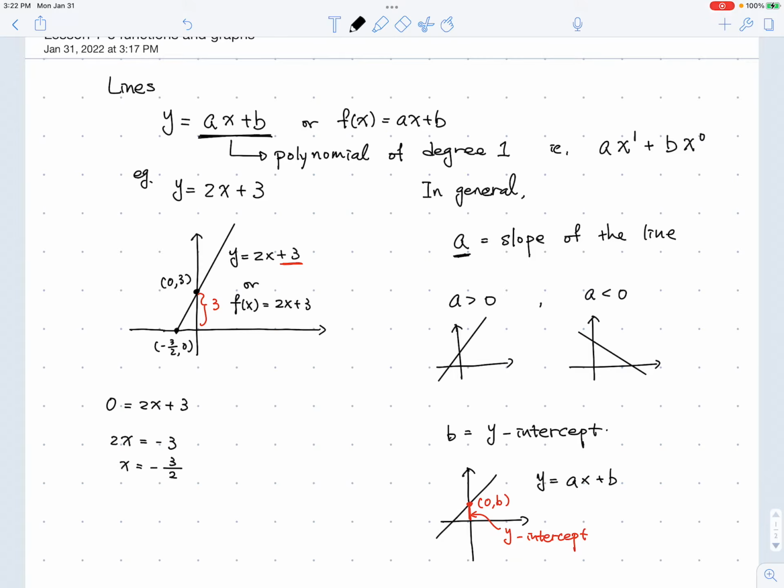Remember, anything to the power 0 is equal to 1. So this is exactly ax plus b times 1, which is b. So any polynomial of degree 1 gives you a line.